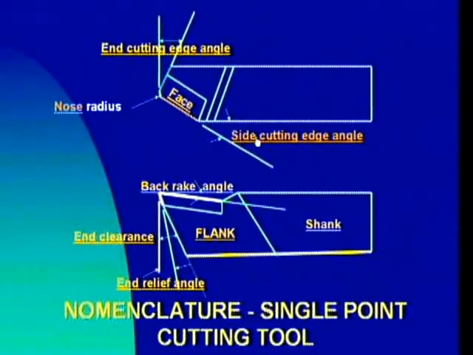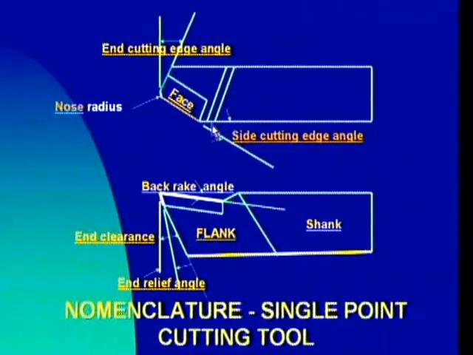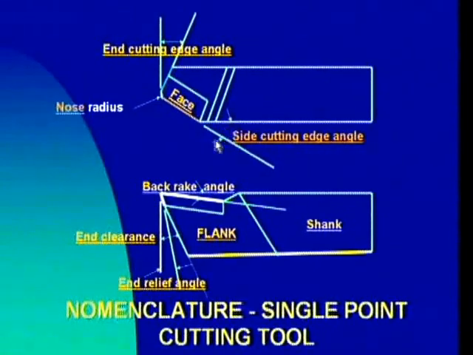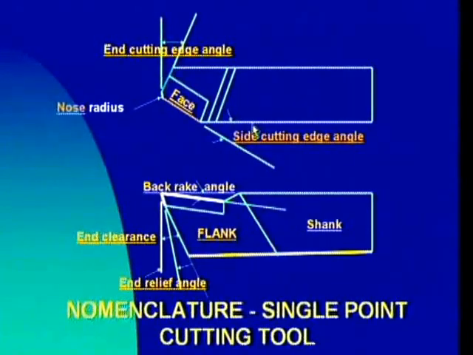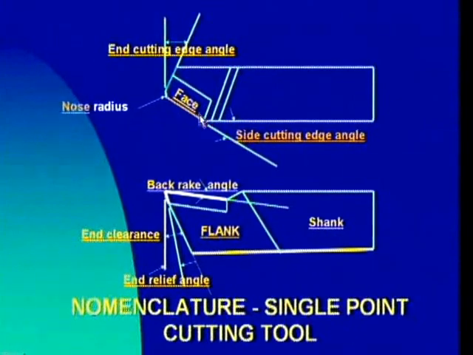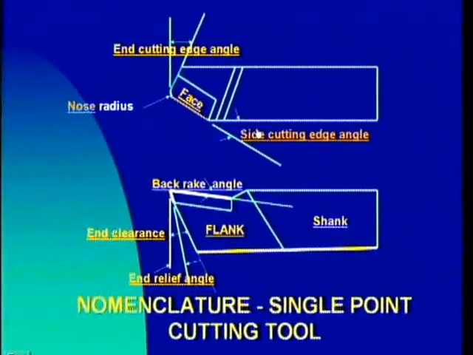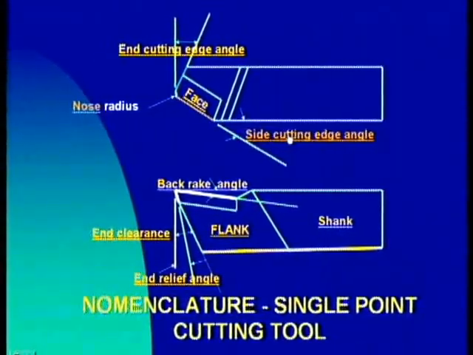Here this is the side cutting edge, and the angle subtended by the side cutting edge and a plane which is perpendicular to the base of the tool. This line represents a plane perpendicular to the base of the tool. The angle subtended by the side cutting edge is called the side cutting edge angle.